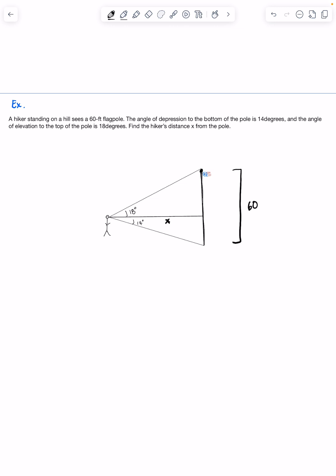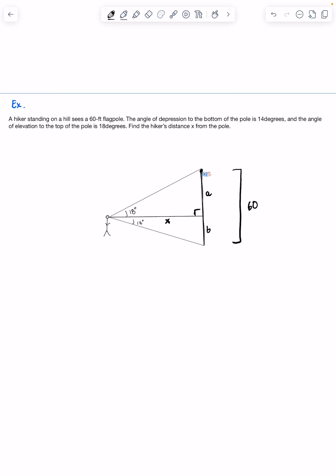But I have to break it up because I have a right triangle formed by the angle of elevation, and I've got a right triangle formed by the angle of depression. So I'm dealing with right triangles here. So I'm just going to say, well, this part of that first right triangle, I'm going to call that A, and the second part I'm going to call B.